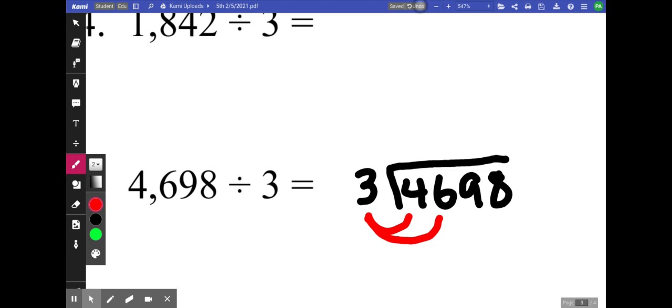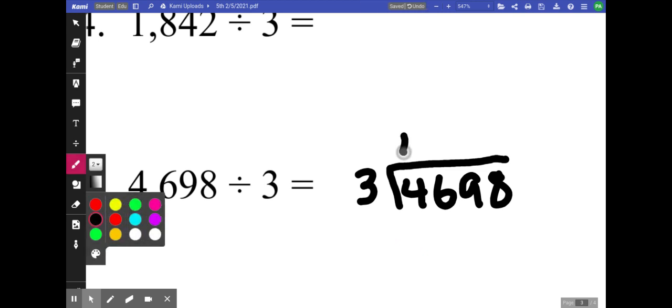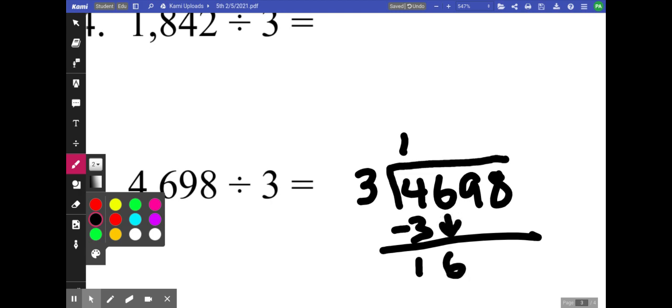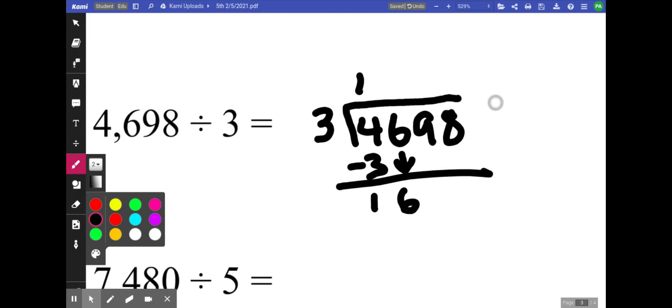So let's try it. So 3 goes into 4 once, and then 3 times 1 is 3, so we're gonna subtract 3. Next, we're gonna have to bring 6 down. You could bring the 9 and 8, but it could get confusing, so I like to just bring one number down. And then 3 goes into 16 5 times. 5 times 3 is 15.